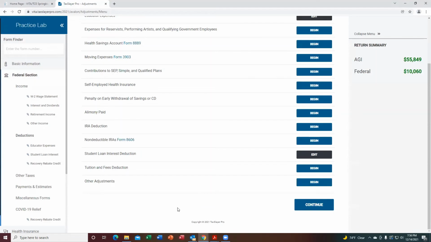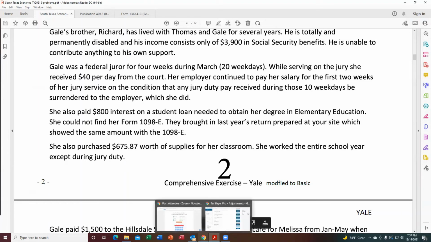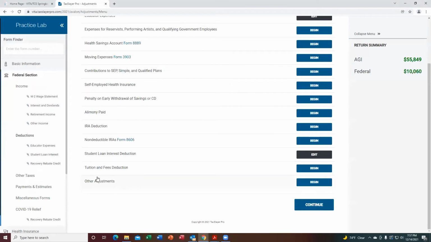The other one is the adjustment on the jury duty pay that she gave back. So she surrendered 10 days at $40 per day. So how much did she surrender? $400. So that goes under other adjustments at the very bottom.